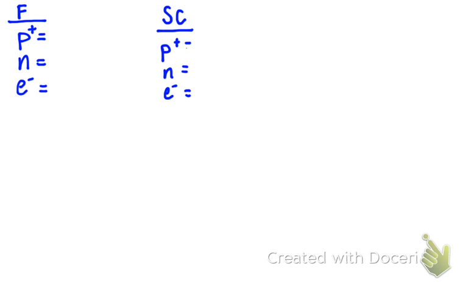These are all going to be neutral, and I want you to round their atomic masses to the nearest whole number. And the last one I want you to do is phosphorus. It's just a P. So you're going to have to find protons, neutrons, and electrons. Okay, so you've got three of them I want you to do on your own. Pause it, go ahead and do the work, and then once you're done, I'll have the answers up here for you.